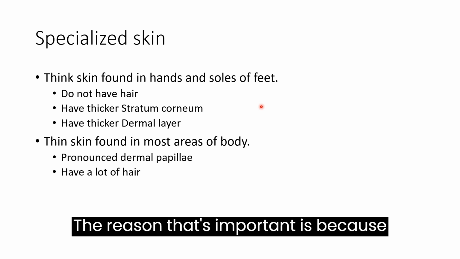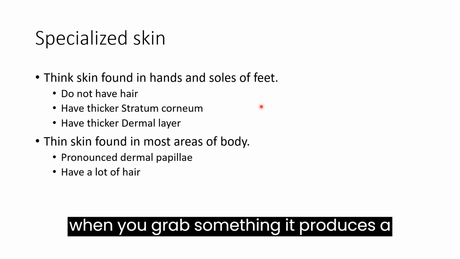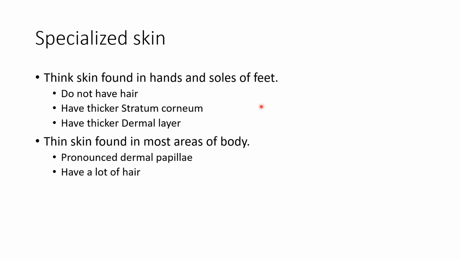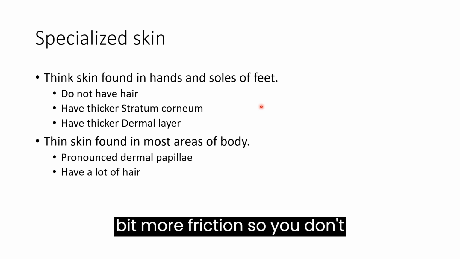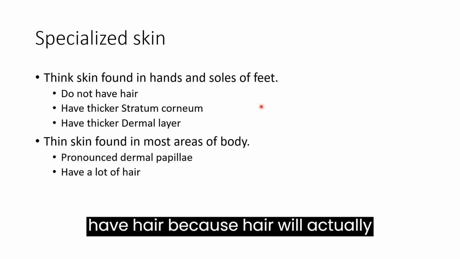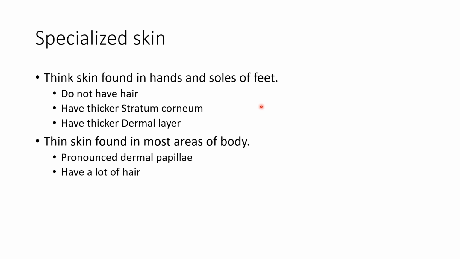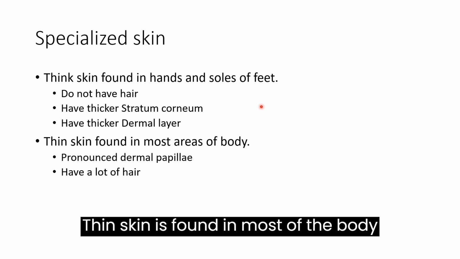The reason that that's important is because it actually allows you to form the ridges that give you fingerprints. So when you grab something, it produces a bit more friction, so things don't slide off. It doesn't have hair because hair will actually make things harder to grab on if you had it on your palms and feet. Thin skin is found in most of the body area.